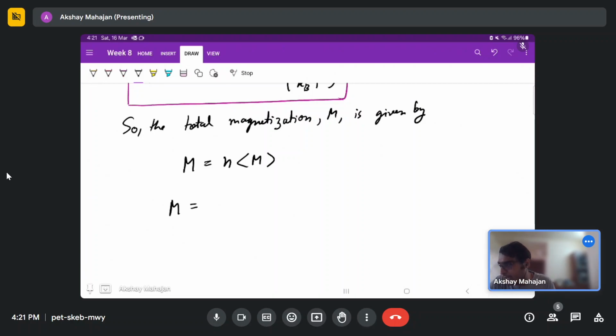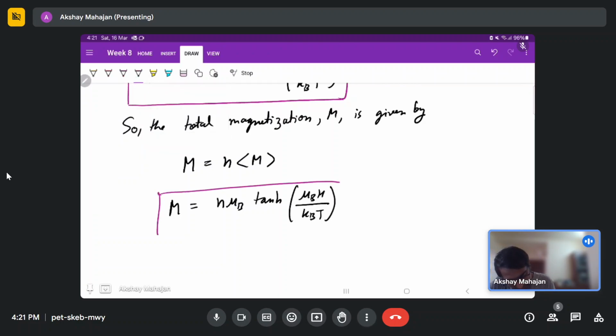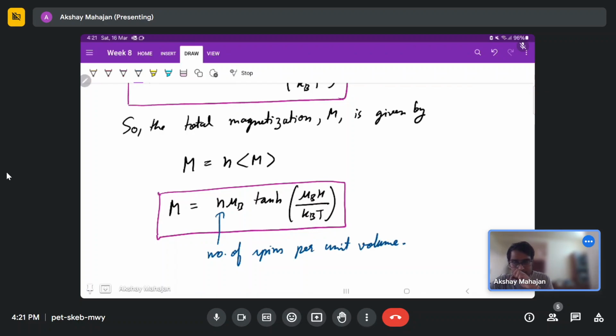So M will be equal to n mu B tan hyperbolic mu B H by kBT. So this will be our total magnetization. The final answer is this, where n is the number of spins per unit volume.